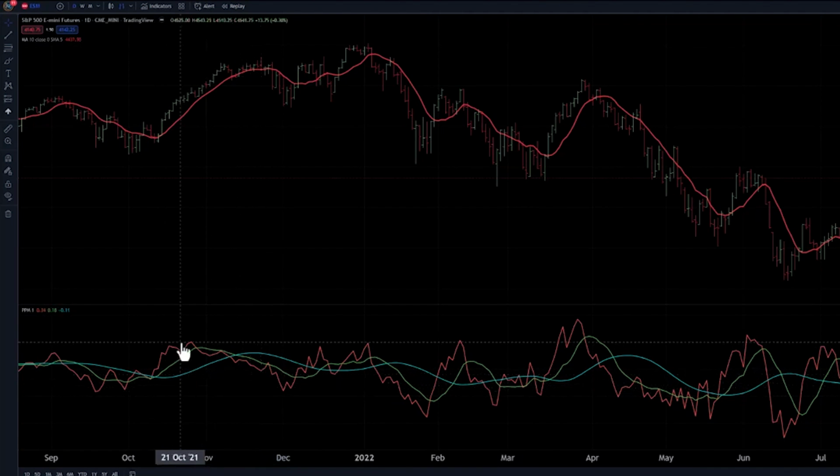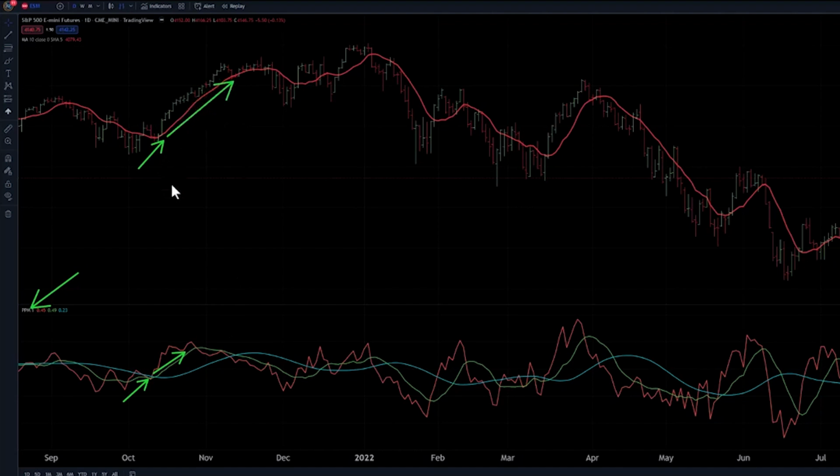Before I get into showing you the exact rules, I will point out some of the key areas that I'm talking about here. On the indicator below, PPM 1, you start to see some acceleration. During this time, you see the angle of this moving average start to move up. This is a daily chart that I've got up here. It tells you everything about when certain elements will happen. I will get into the exact rules in a minute, but I just want you to see that angle of attack.